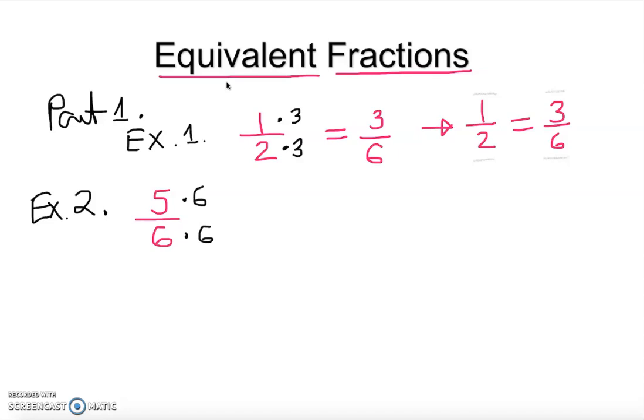Remember, what you do on the top, the numerator, you must do the same thing on the bottom. You must maintain the equality, so you cannot alter the value. You have to use the same number to multiply, and that will give us 30 over 36. Again, 5 times 6 is 30, 6 times 6 is 36.